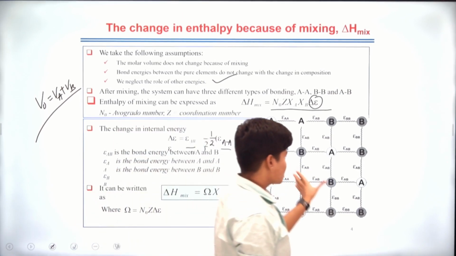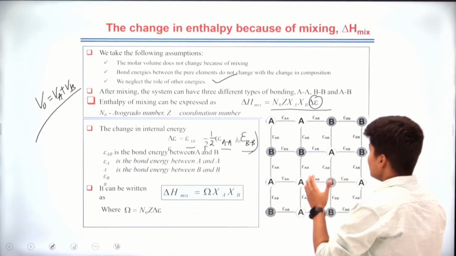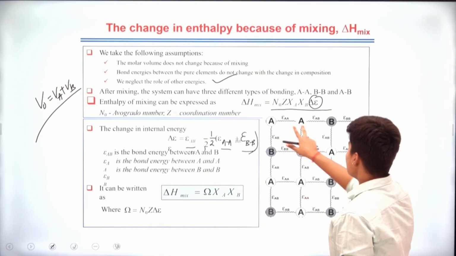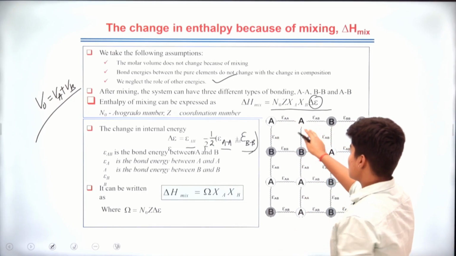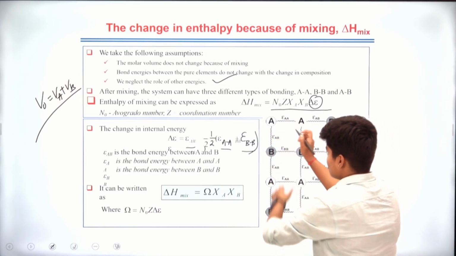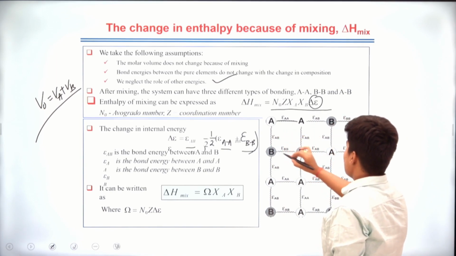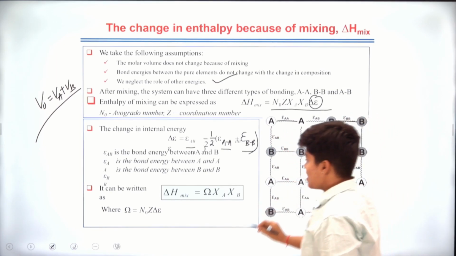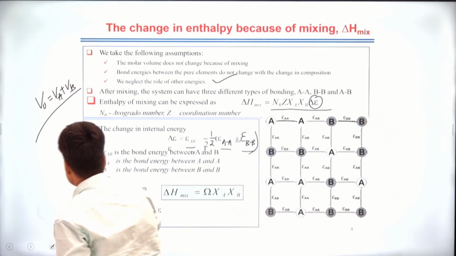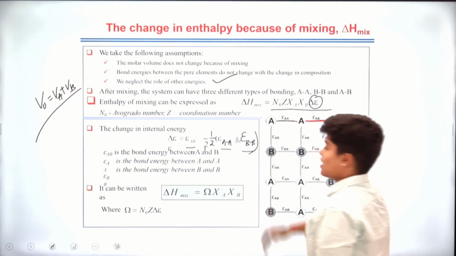From this graph we can interpret that this is the 2A and this is the 2B term, and this is the interaction between AB. This is the bond energy between AA and the bond energy between BB, and this is the bond energy between AB.